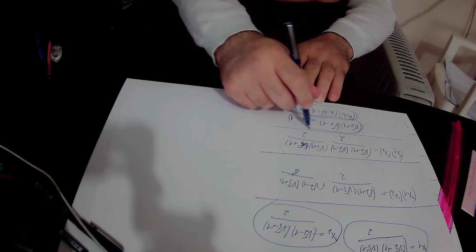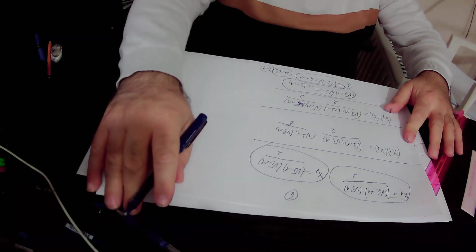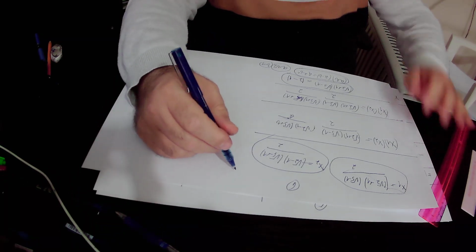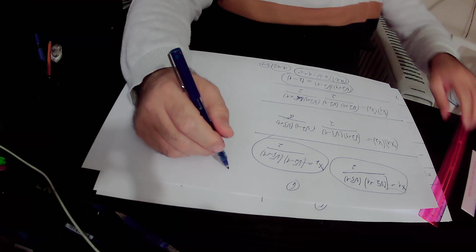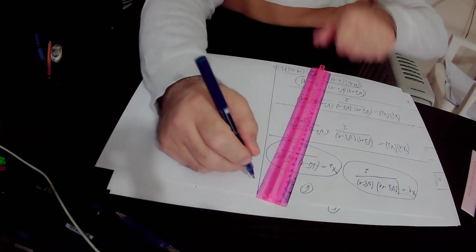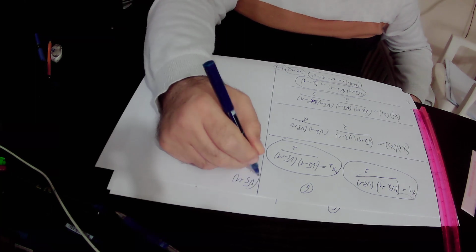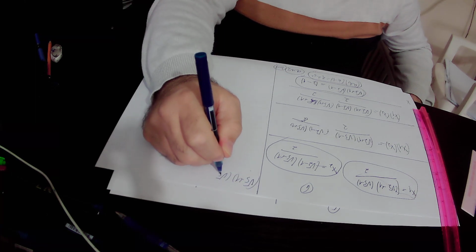In the same way, we will calculate the value of the expression square root of 5 plus 1 times square root of 5 minus 1.